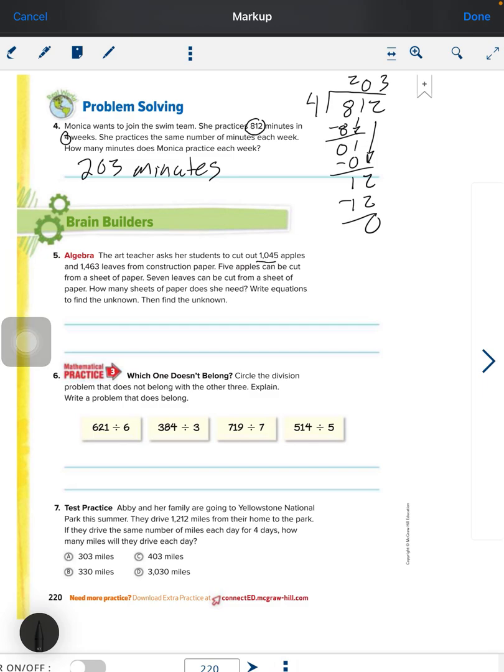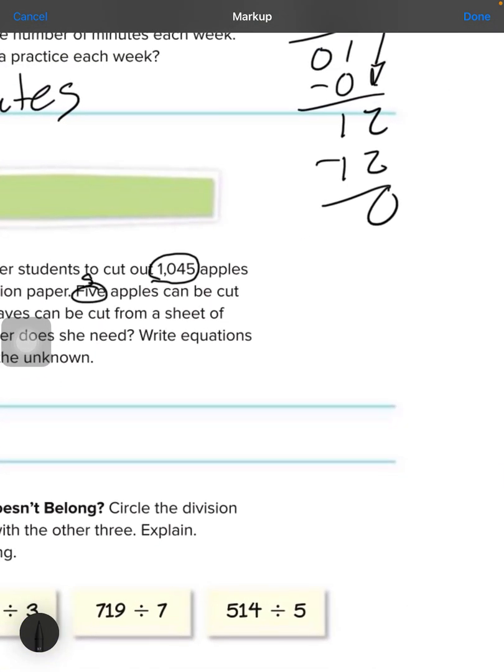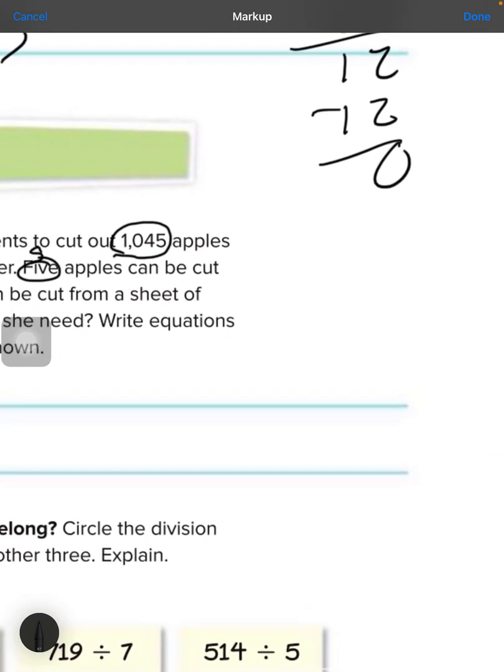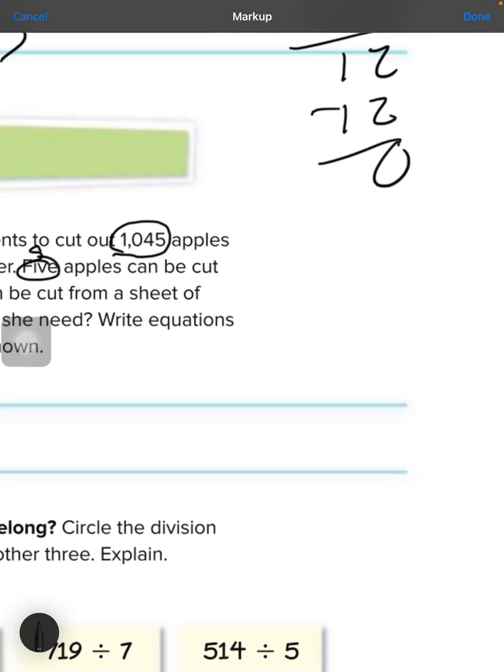All right, several things going on here. We have this number that's important, this number that's important, and then this means 5, and this means 7. So we've got apples and leaves. Let me pull this up a little bit. Let's do the apples first.